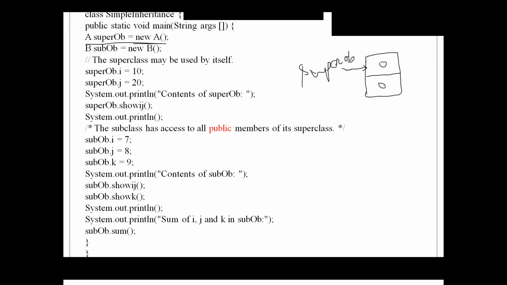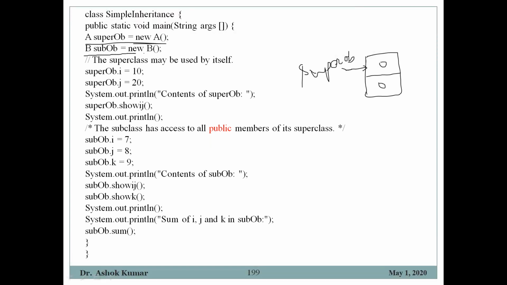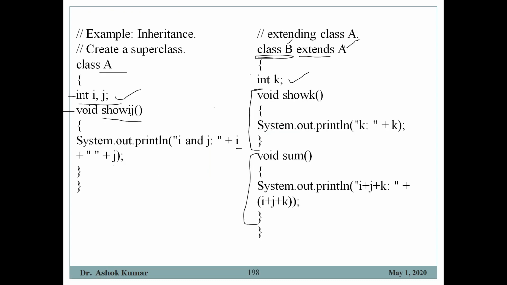If you create the subclass object, here I made a mistake in the previous diagram. It will have all the members of its base class. These are the base class members, because i and j have default access. So these two members will get inherited into the subclass, and the subclass adds one instance variable of its own.